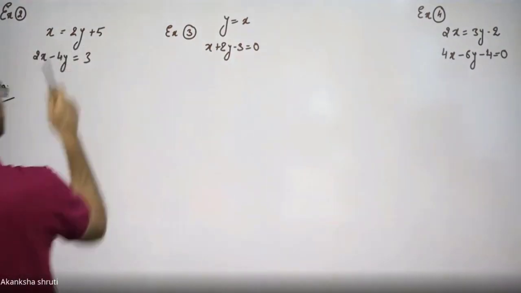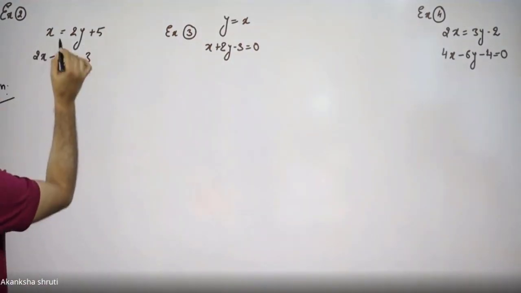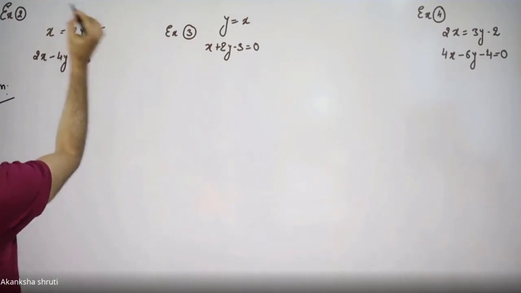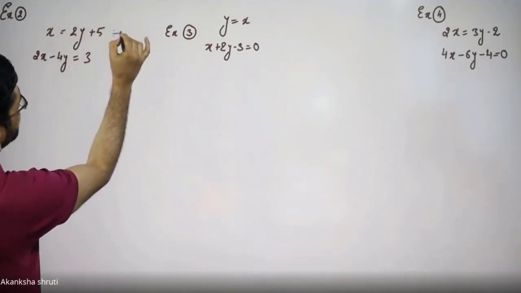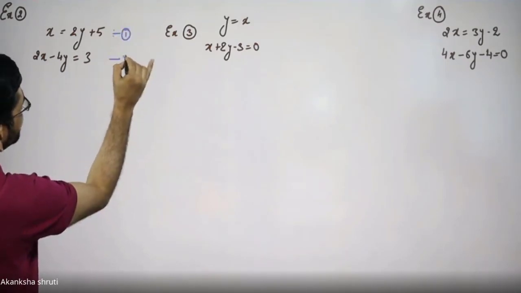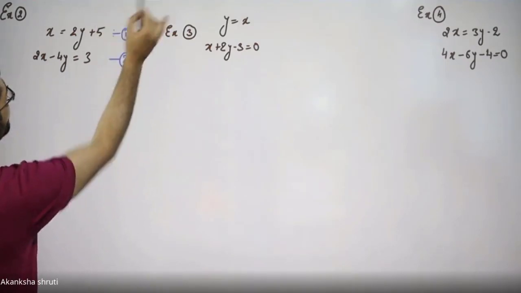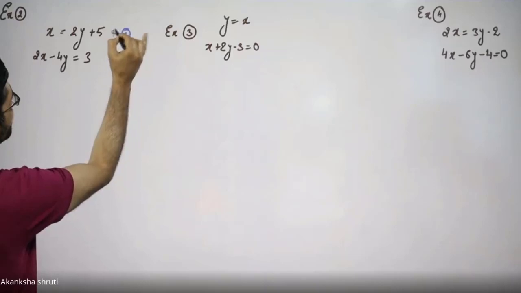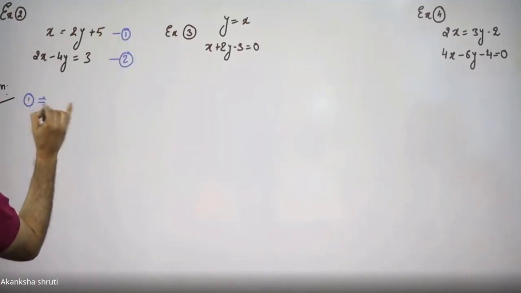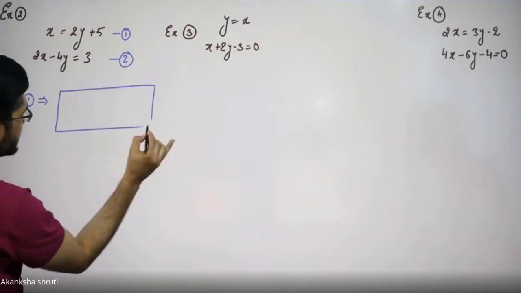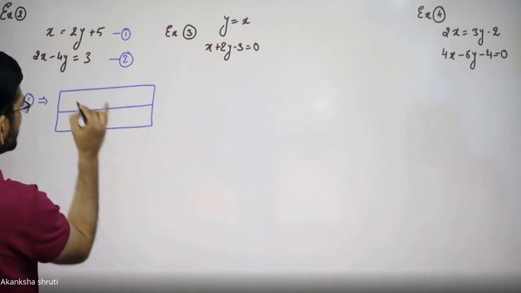Let us come to this first one. Name this as line 1 or equation 1. You may mark this as equation 2. Now for equation 1, we are going to make the table. In your standard, no need to do the calculation.